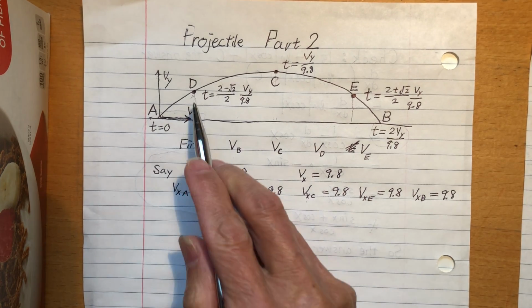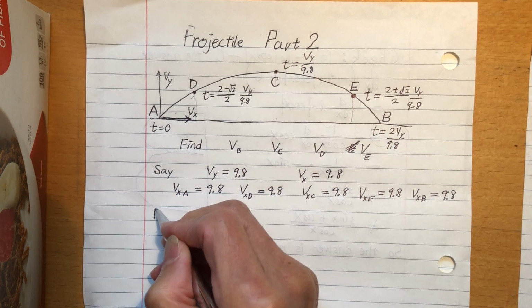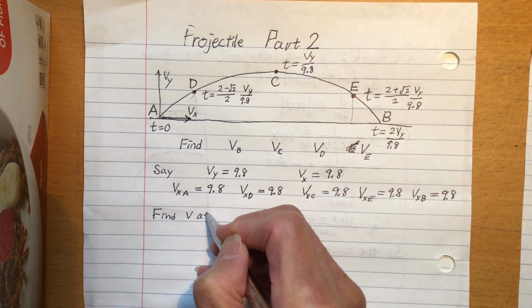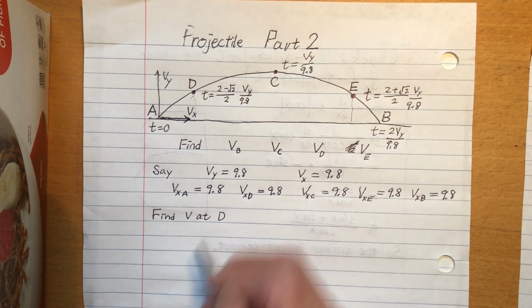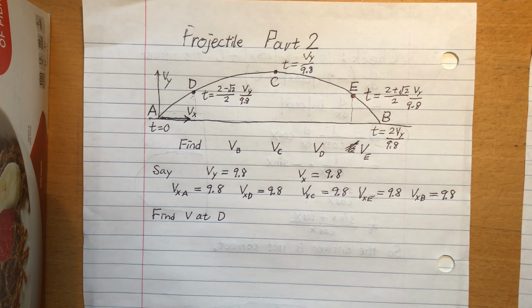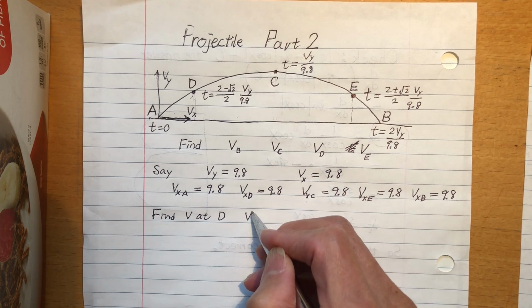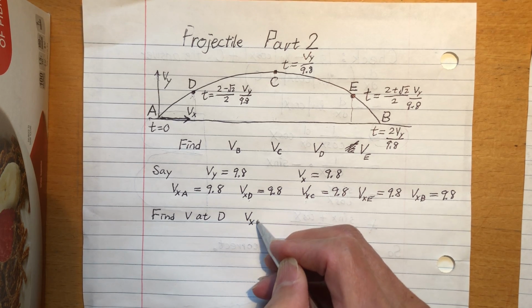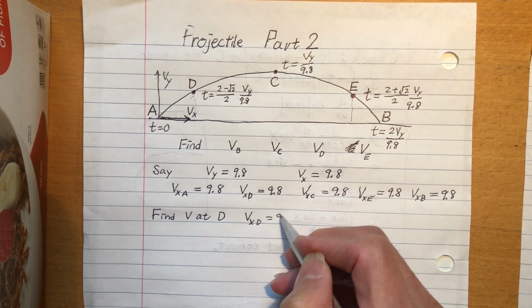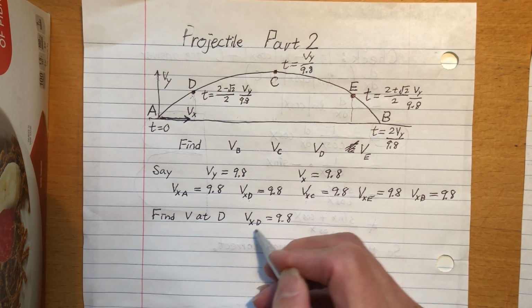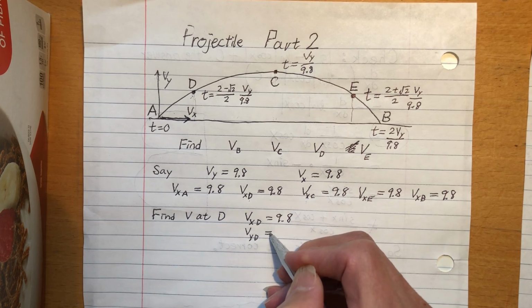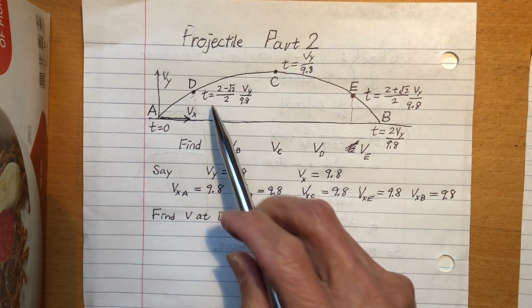Now let's find the velocity at D. So what is the x component? I already know at point D, the x component is 9.8. So all I need is to find the y component at point D. What is the y component at this point?